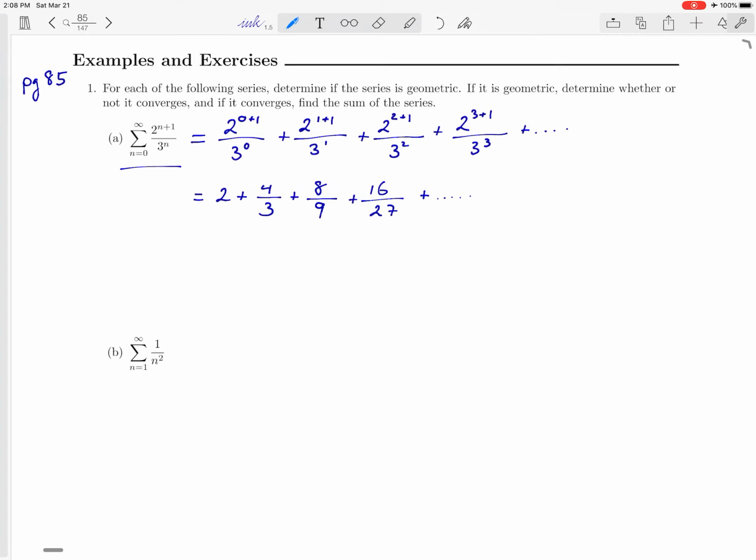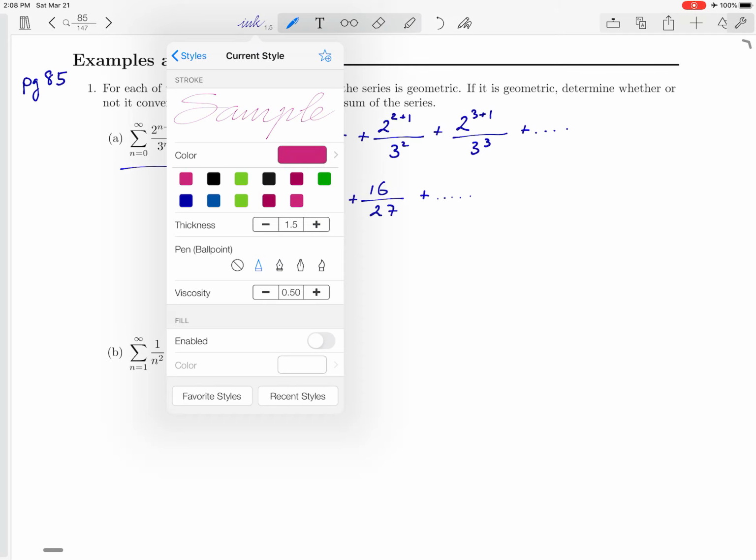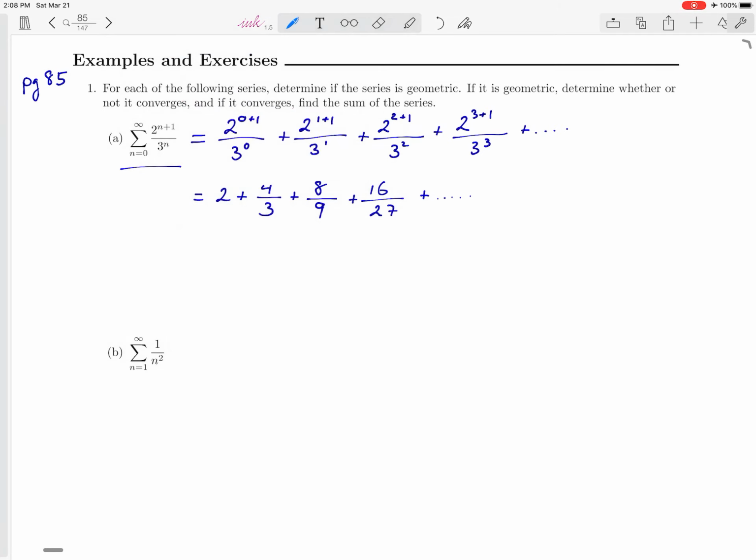So when you're looking at the terms, I'm going to change the ink color. So the first term, that is our value for a. Remember that a geometric series is of the form a r to the n, where n goes from 0 to infinity, and where a is the first term. So a in this case is 2.